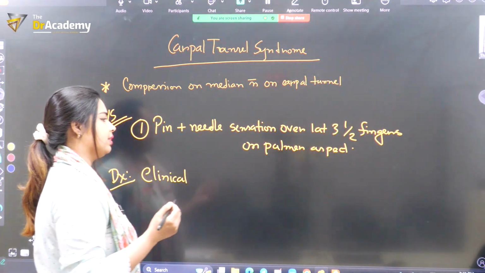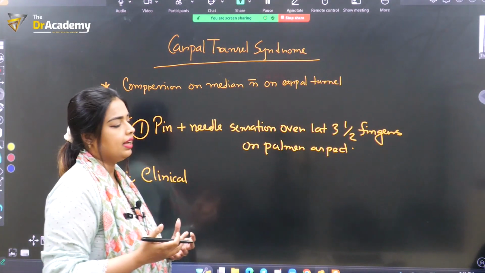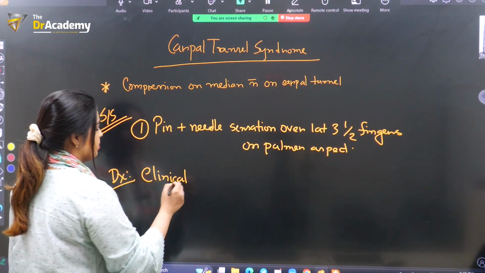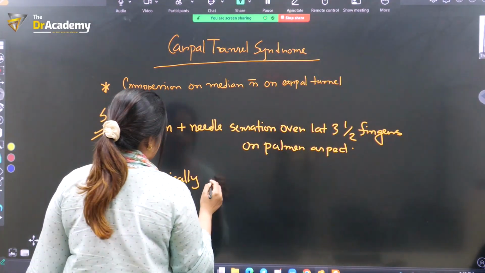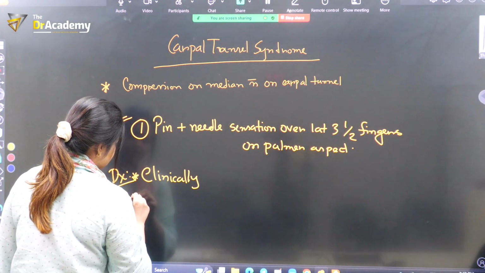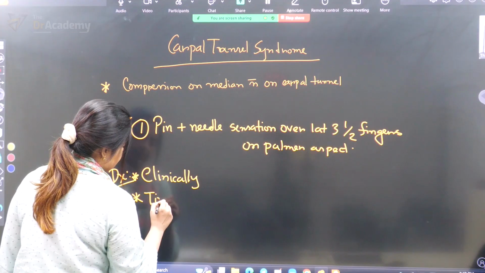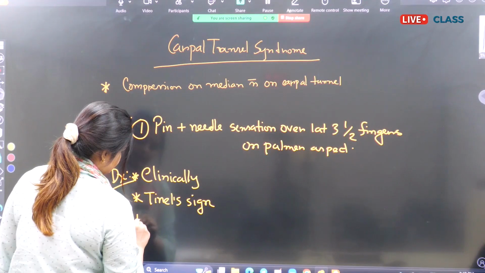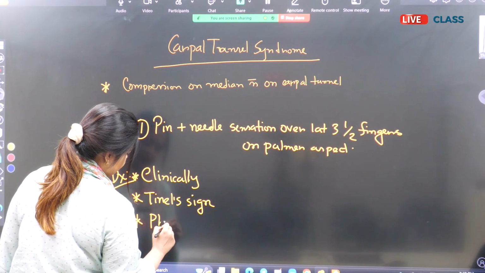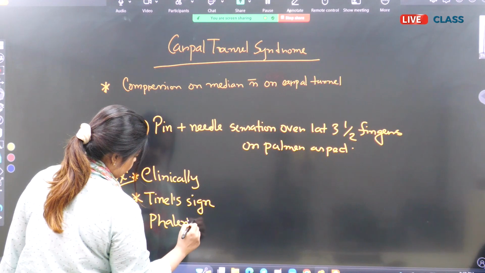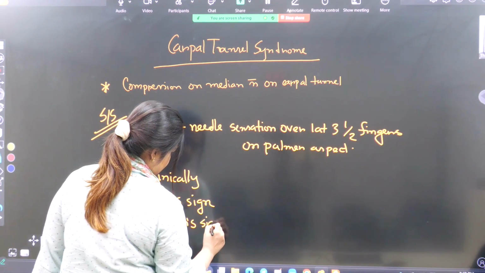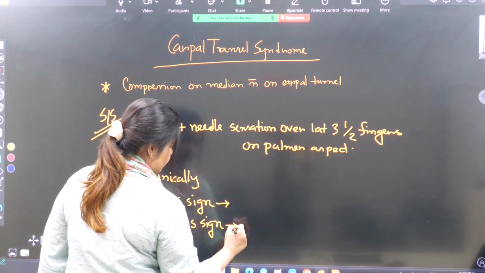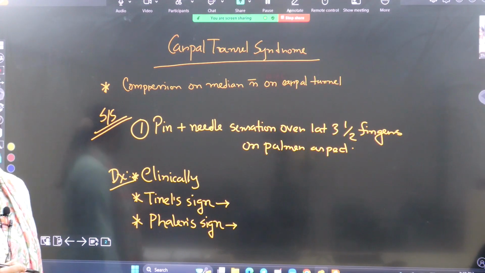Patient will tell you that he is feeling like a pins and needle sensation over this area, lateral 3.5 finger, and so the diagnosis is mostly the clinical, and you need to do some examination, like one is Tinel sign and another one is Phelan sign.